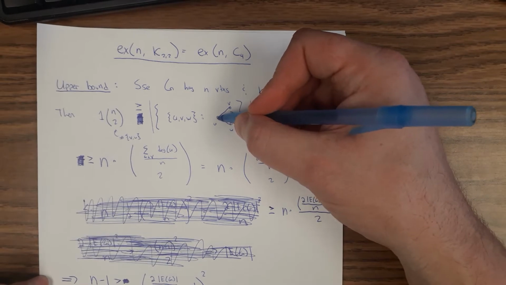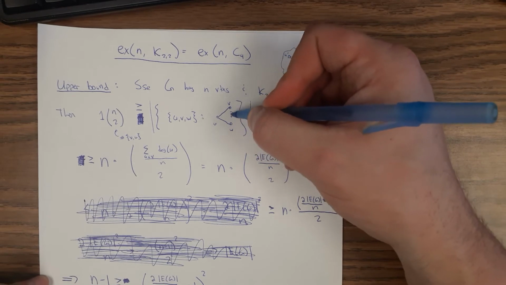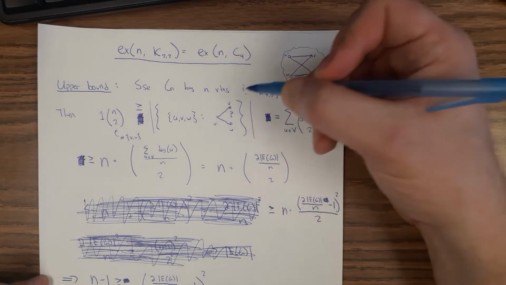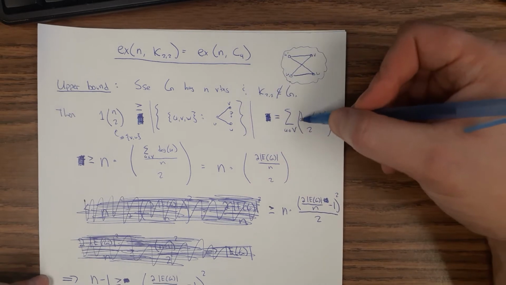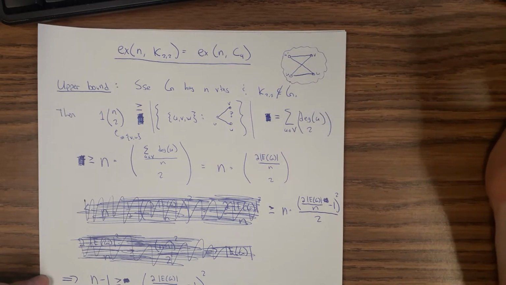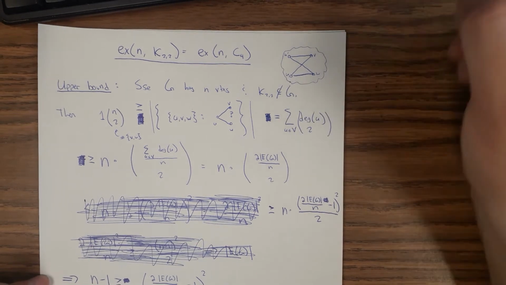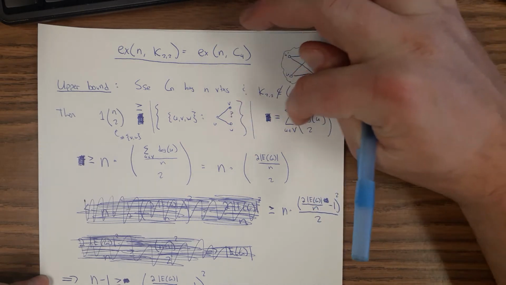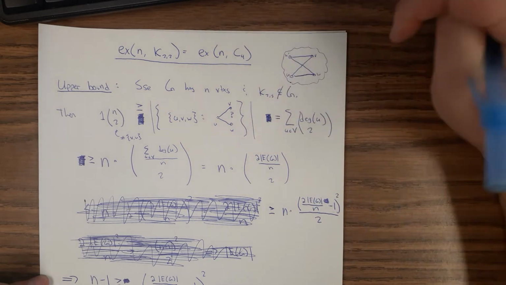The only requirement is that they both be neighbors of u, so I would have this many choices for v and w. And I'll just add that up for all u. That's actually an exact count. There's no inequality here.